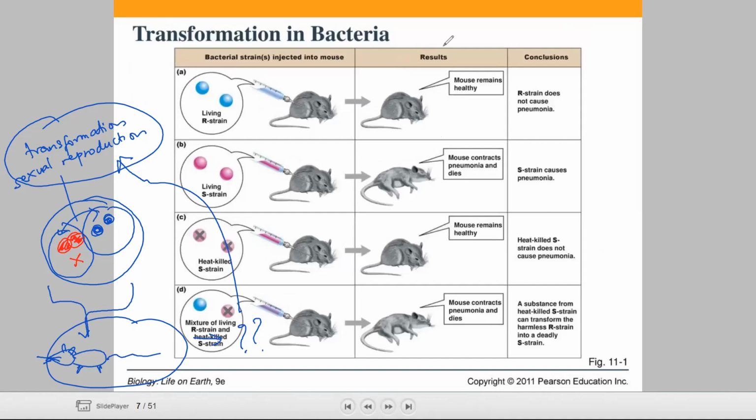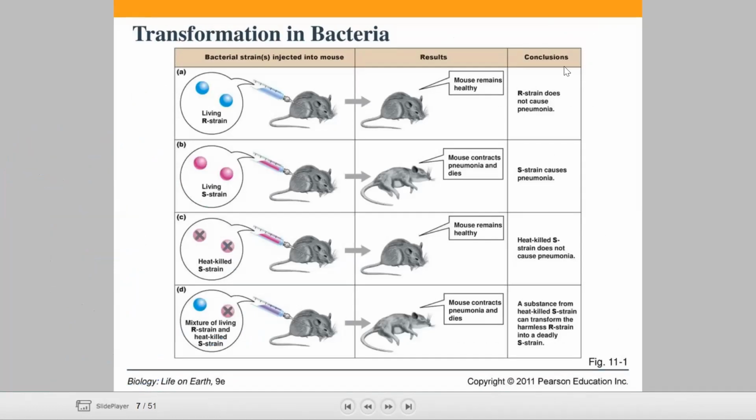Now this is the process in pictures. If you see there are 4 rows, starting from row A, living R strain. You injected it, the result, mouse remains healthy. The conclusion is that R strain does not cause pneumonia. At the second row, you injected living S strain into the mouse.